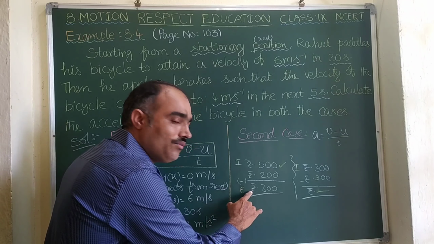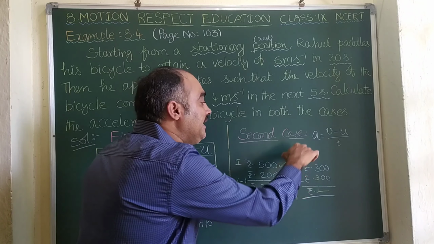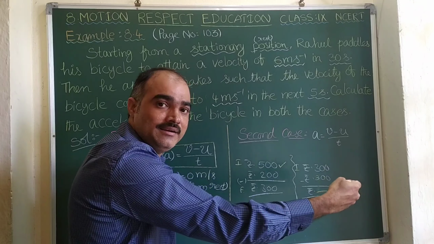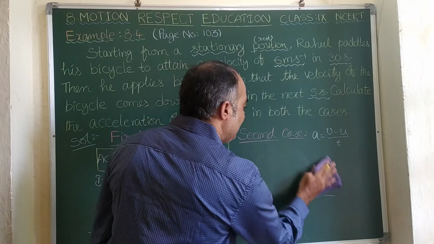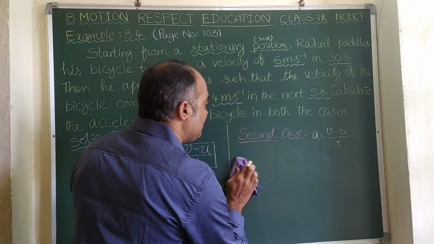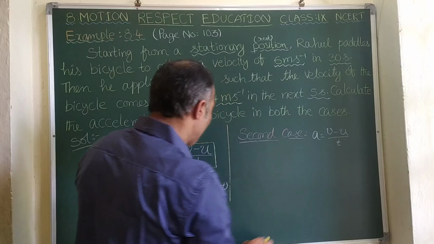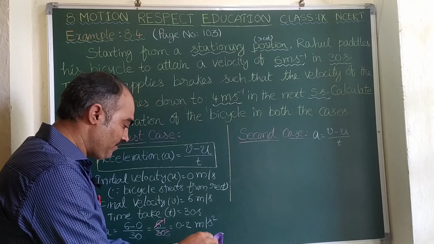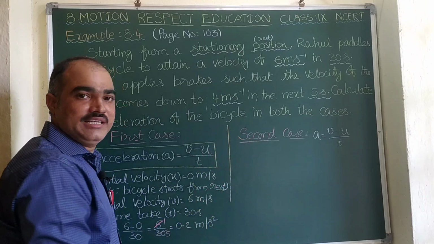This final amount you had at the first shop will be the initial amount for spending at the second shop. Same way here also in this problem, the final velocity in case 1, that is here 6 meter per second, will be the initial velocity here.